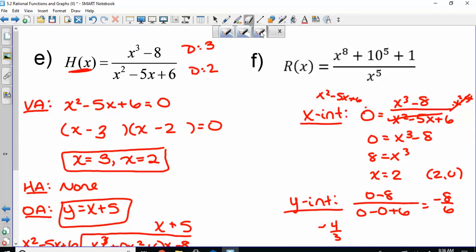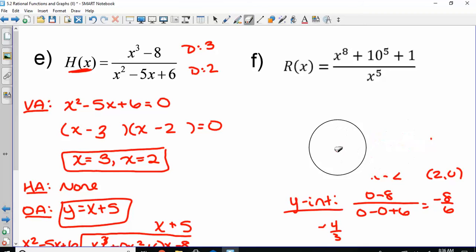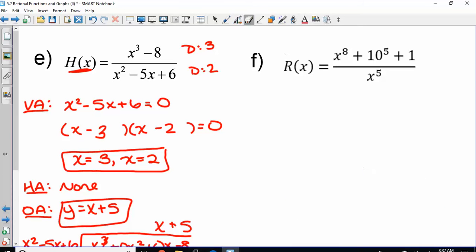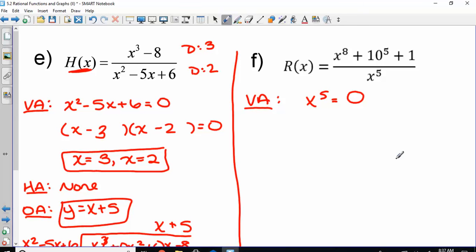Last one for the day, finding the asymptotes on F here. Vertical asymptote. Set the bottom equal to 0. With asymptotes, we don't have to worry about multiplicities or anything like that. To get rid of a fifth power, you just do a fifth root, and we get x equals 0.